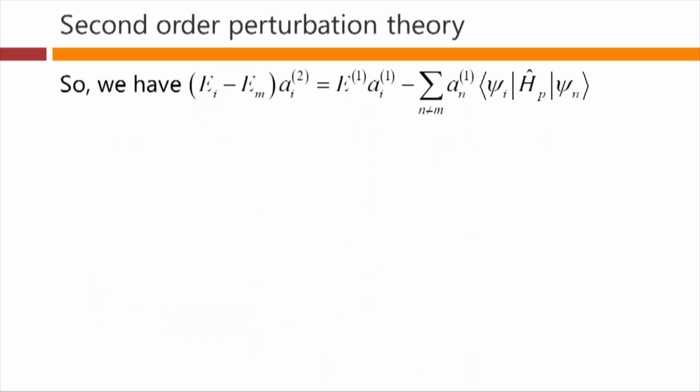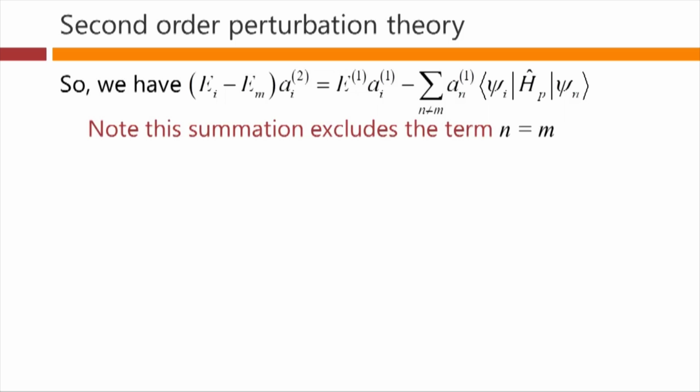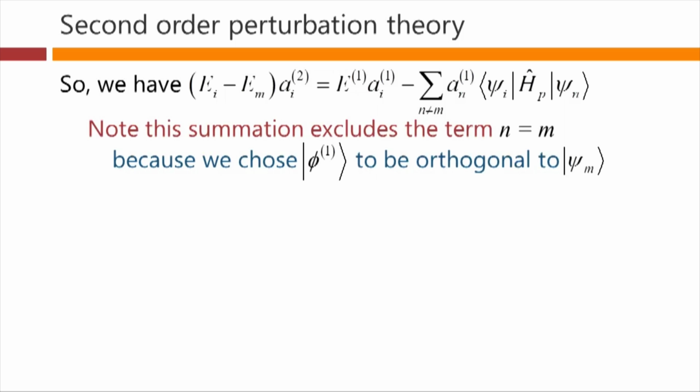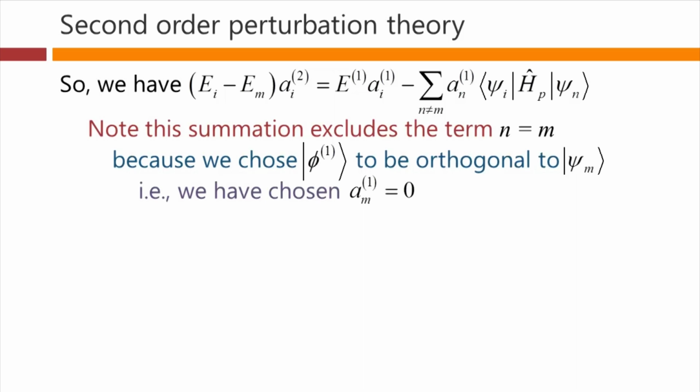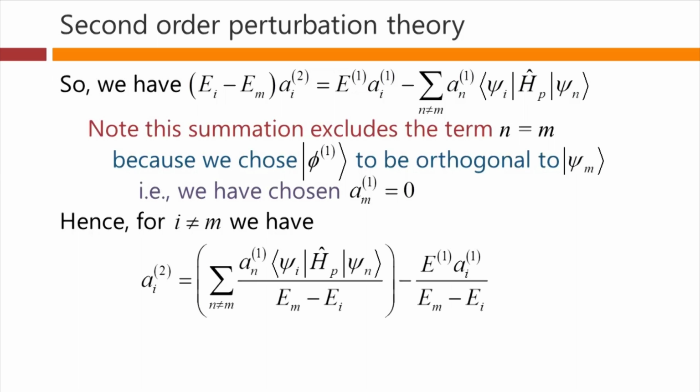So finally then we have, from the left, this term here, from the right, all of these terms. Note the summation, as before, excludes the term n equal to m, because we chose this orthogonality. Hence, for i not equal to m, we have this expression here. So i not equal to m, so that this is not 0. We take this over to the right-hand side. So this term here is from this one.